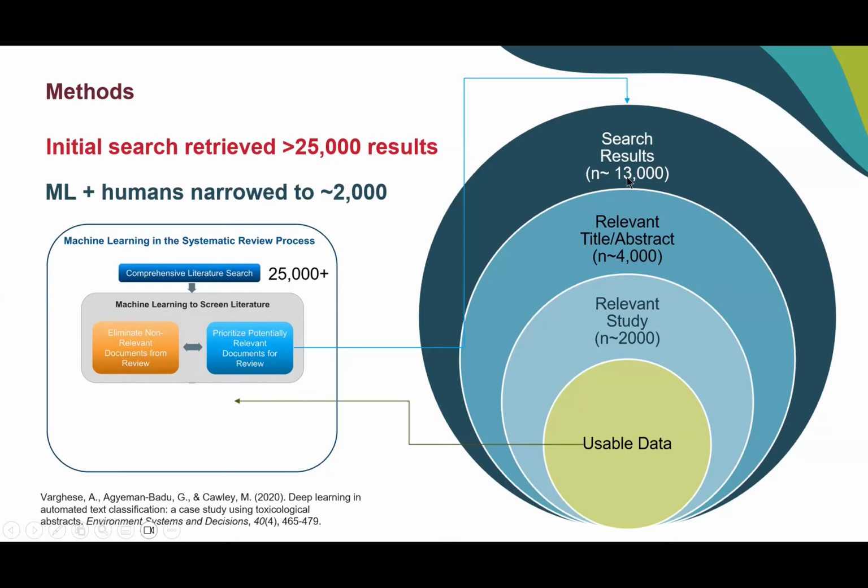Then humans were able to eliminate those that were irrelevant at the title and abstract level, so that we could work with a large team, whom I will acknowledge at the end, to read over 2,000 relevant studies and extract the usable data and put them in a format where we could compare them apples to apples to tell a story about what's going on with lead and toxic metal occurrence in drinking water worldwide.